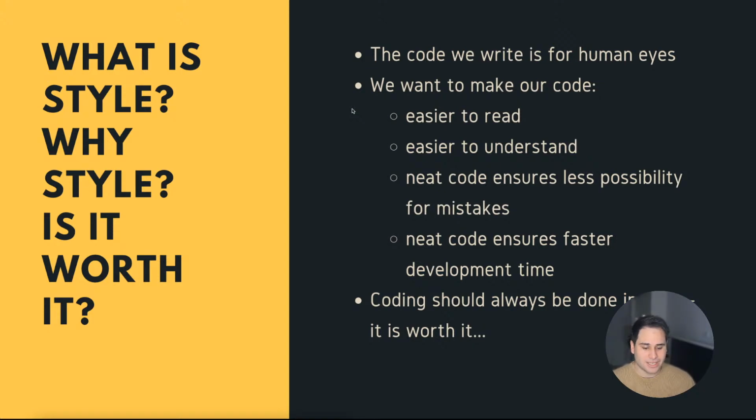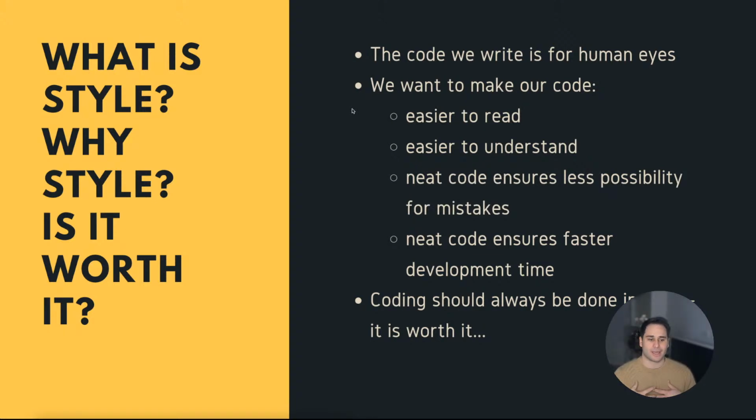So we need to understand that the code we write, yes, it needs to work. It needs to work for the computer. It needs to solve the problems efficiently. But the other important side to this is that it needs to be ingestible by other humans who read your code now, tomorrow, in a week, in a month, in a year, or in a decade even.